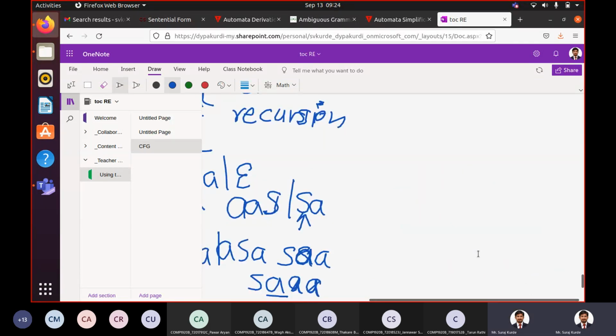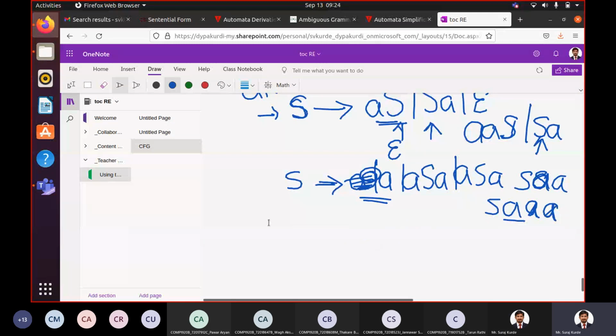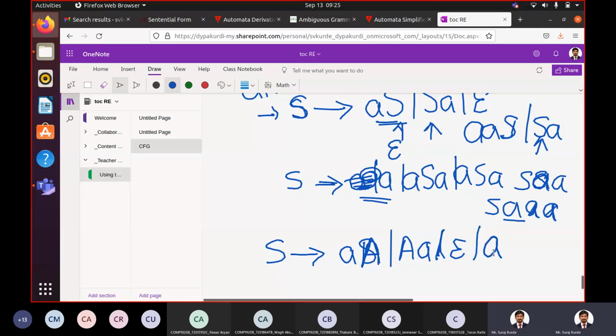So it is repeated. A is repeated. Instead of this, what I can write is S produces AA or AA or epsilon, or it is simply A. This you can write or you can skip it.